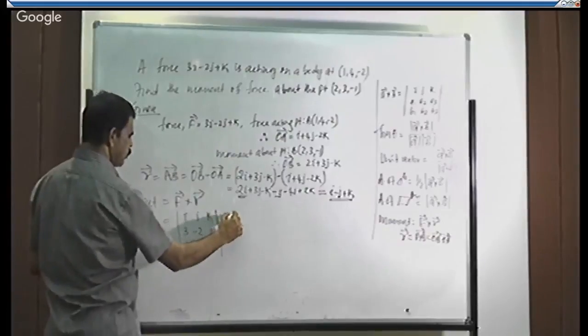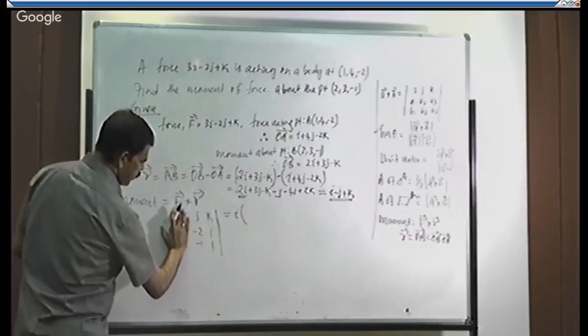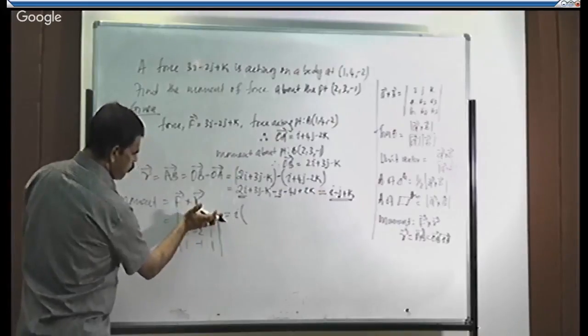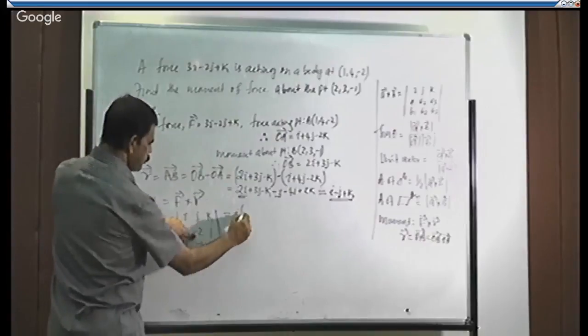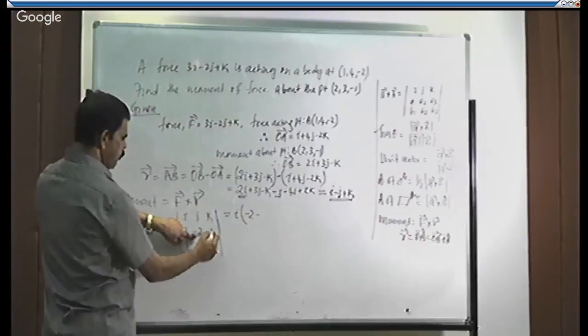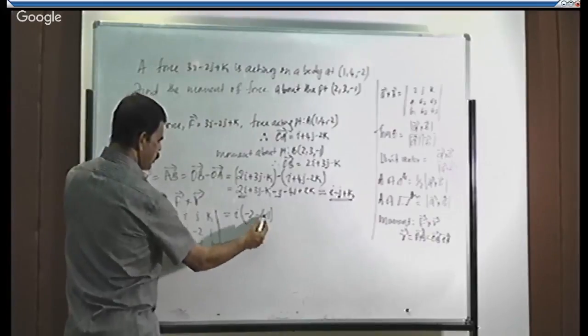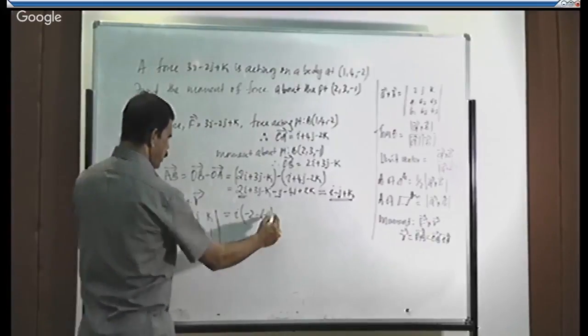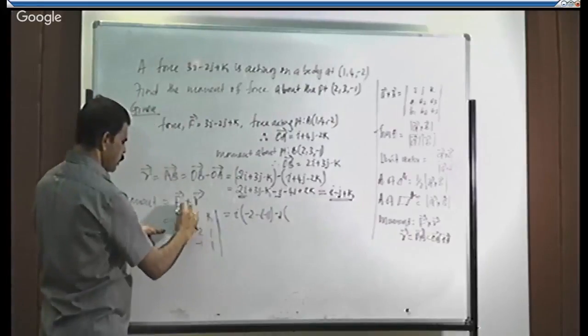That is equal to i into: leave the corresponding column and row of i. The remaining elements are these two. Minus 2 into 1 is minus 2. Minus 1 into minus 1 is minus 1, otherwise you can write directly plus 1. Minus of the second element: leave the corresponding column and row.